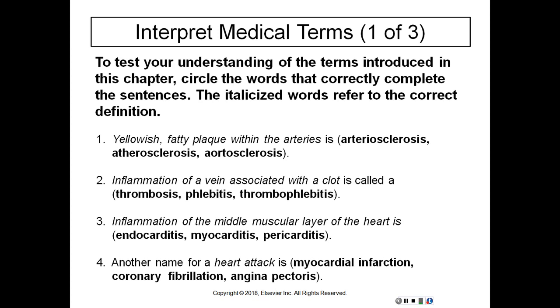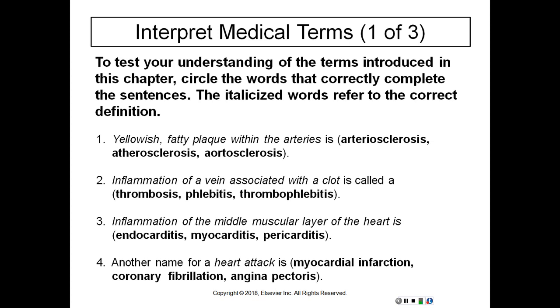Number 2, inflammation of a vein associated with a clot is called what? I'm hoping you're choosing the last option, thrombophlebitis, because thrombo means clot and phlebo means vein, and of course itis means inflammation.